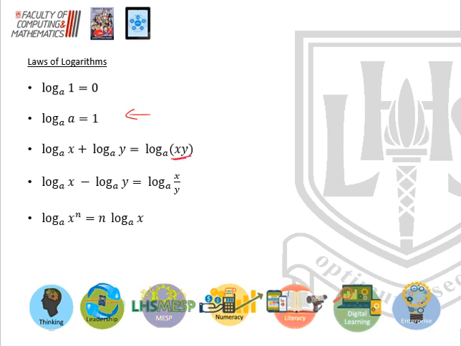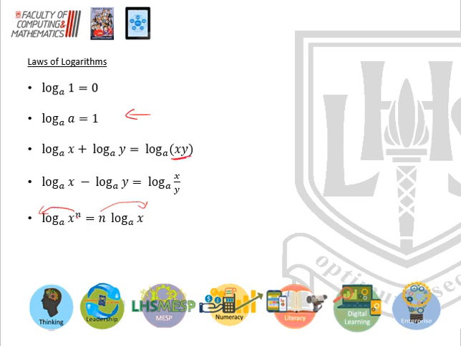Same when you're taking away, that means it has to be divided. And the last one is if you have an n in the power, then that power can fly down to the front. And vice versa, so the n can go to the front or it can go from the front up to the power. So these are the 5 you need to remember, but with practice you remember them very, very quickly.